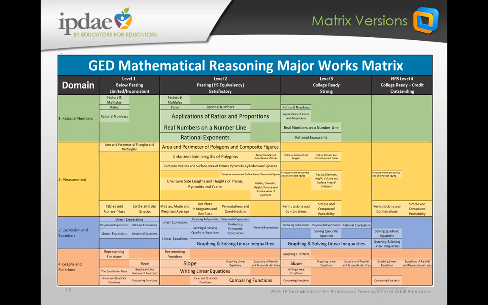As they get bigger, the larger fonts or the topics that occupy large areas of the matrix mean there is more than one objective occupying those. So the students, or even the teacher, can scan at the onset and see what the major ideas and major skills assessed in the GED are.